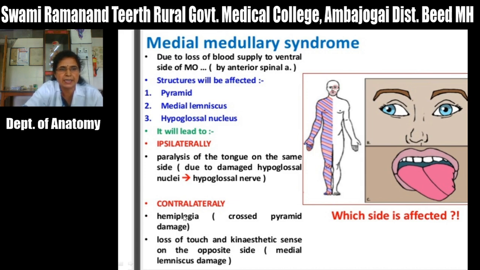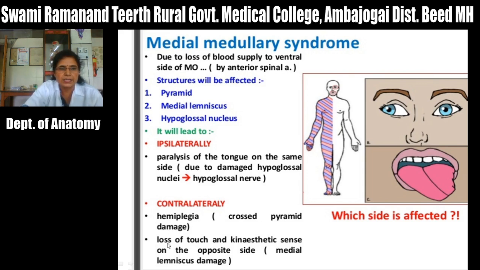Contralateral hemiplegia means paralysis of the skeletal muscles of the contralateral side. Why the contralateral side? Because the pyramidal fibers cross at the pyramidal decussation and go to the opposite side. So there is paralysis of the muscles on the contralateral side of the body and paralysis of the muscles of the tongue on the same side.